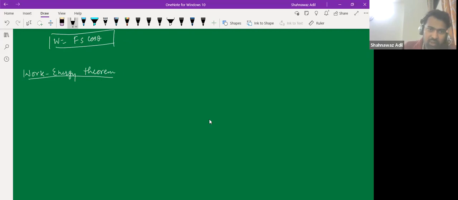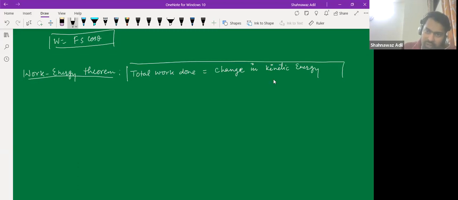So what does the work energy theorem say? It says that the total work done would be change in kinetic energy. So this is what the work energy theorem states.